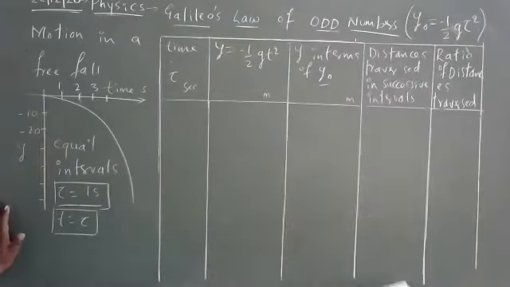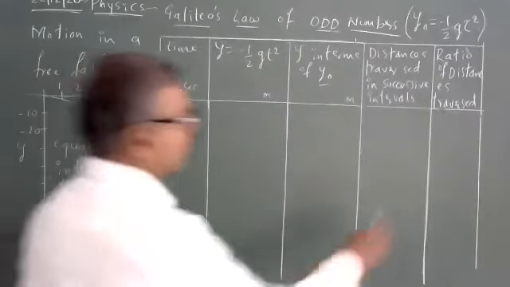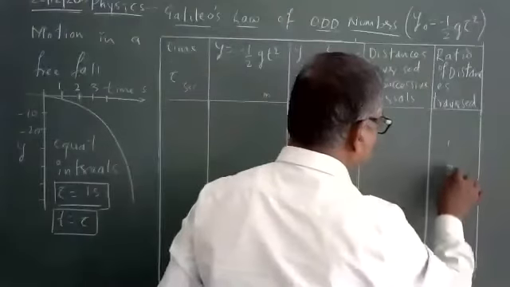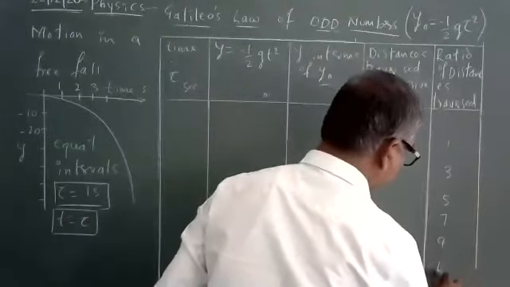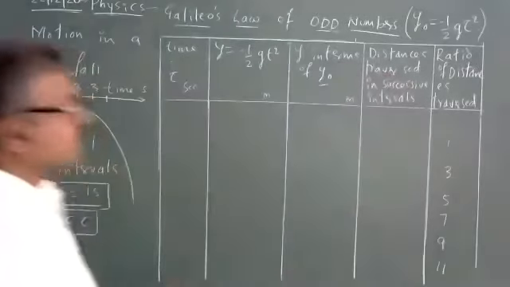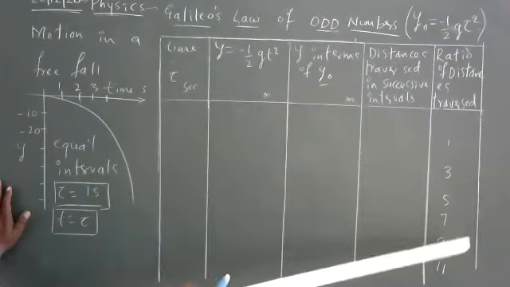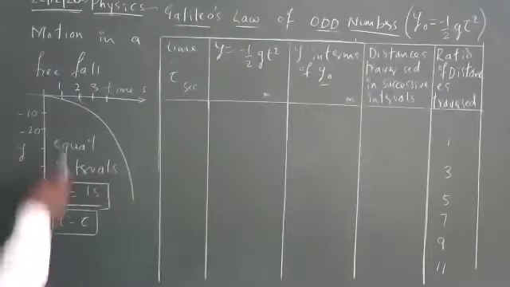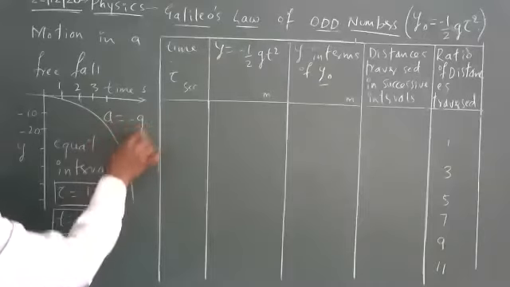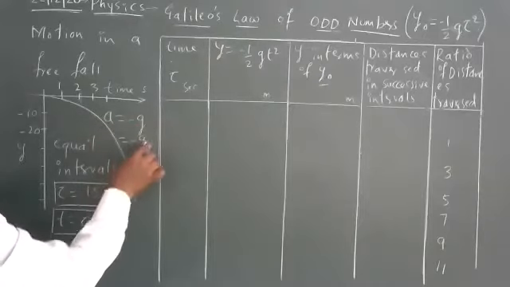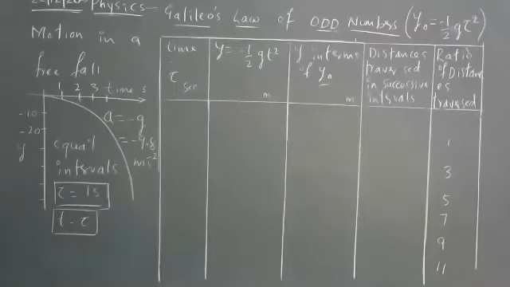If I do the mathematics, the ratio of distances traversed, that means traveled, I will notice that it is just 1, 3, 5, 7, 9, 11. It is a ratio of odd numbers: 1 is to 3, 3 is to 5, 5 is to 7, 7 is to 9, 9 is to 11. Because the object is under acceleration a equal to minus g, and its value is minus 9.8 meter per second square under free fall motion.